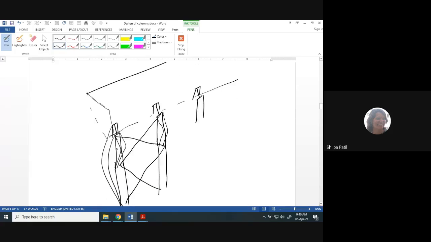So here is my second truss, then there is a third truss like this. Is it clear, guys, now?